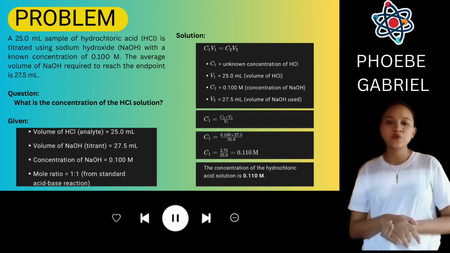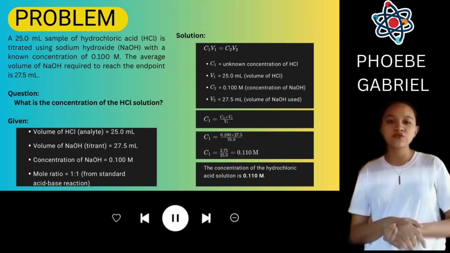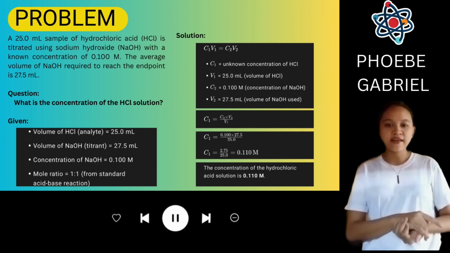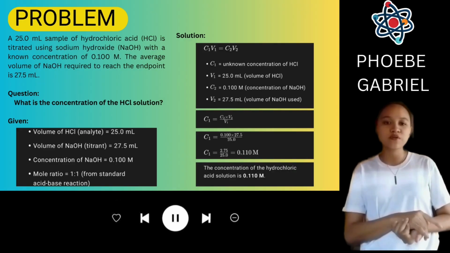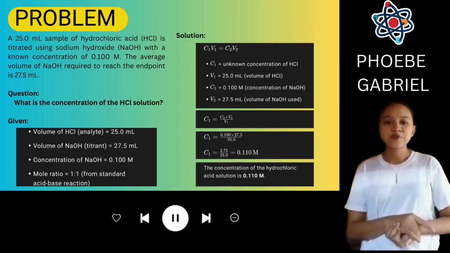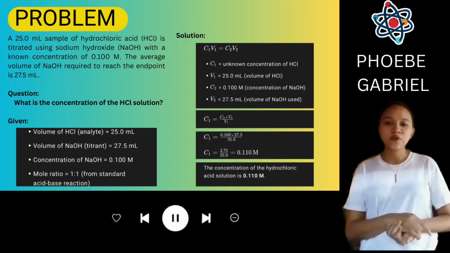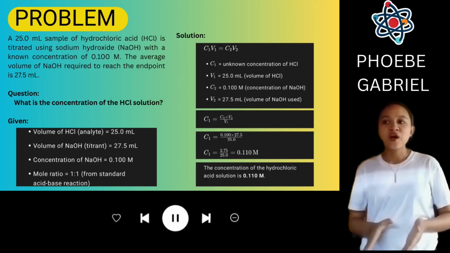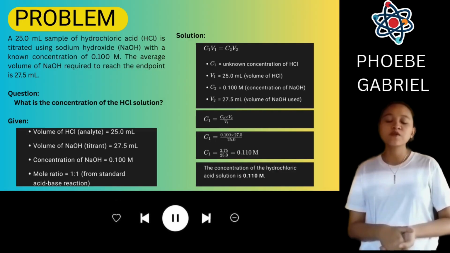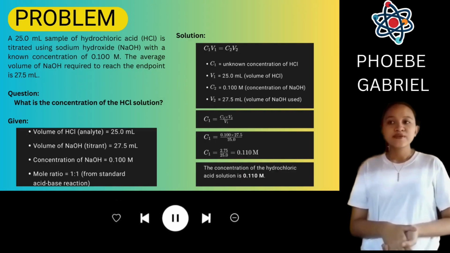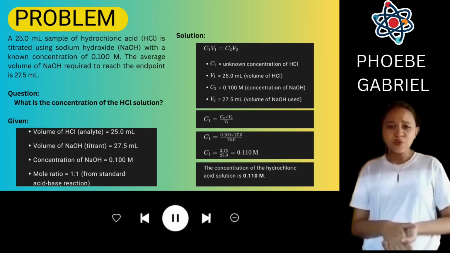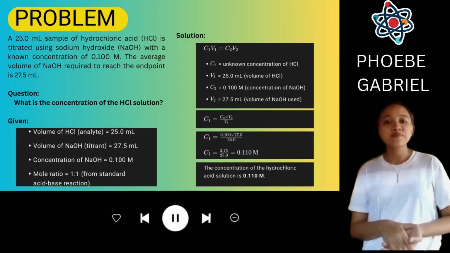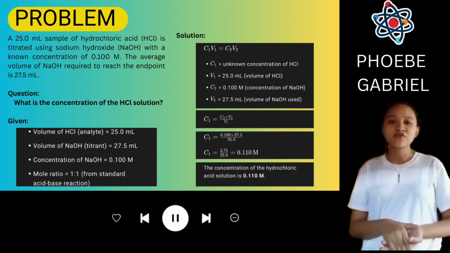For the solution, we have C1V1 equals C2V2, where C1 is the unknown concentration of HCl, V1 is 25.0 ml, C2 is 0.100 moles, and V2 is 27.5 ml. So our formula is C1 equals C2 times V2 over V1.